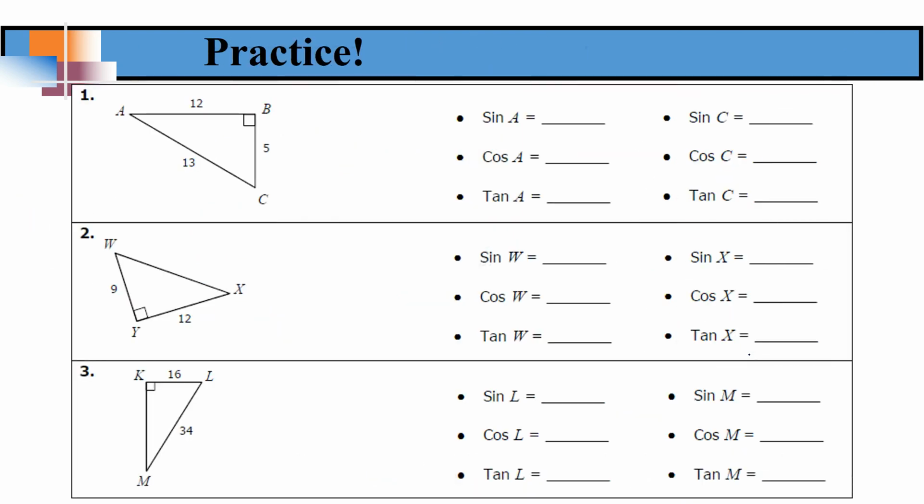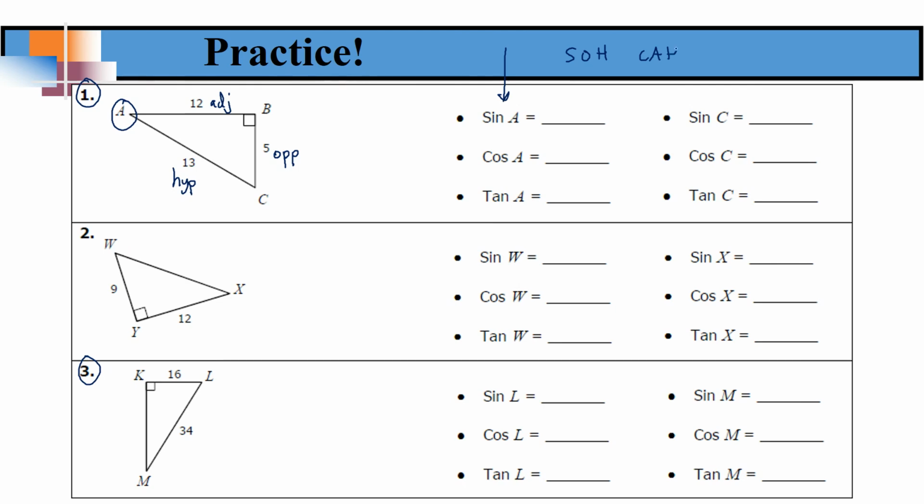Down below, we're going to look at examples 1 and 3, okay? As we look at example 1, let's start with the examples in this first column, sine of A, cosine of A, and tangent of A. That means that we should circle angle A and classify the other sides. So 13 is the hypotenuse, 5 is the opposite leg, and 12 is the adjacent leg. Now remember, so, ka, toa.